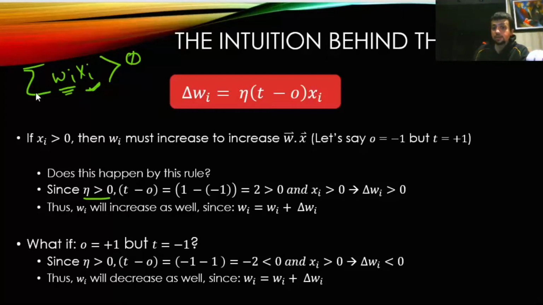Now, we know that if x of i is positive, this element is positive, this element is positive, this element is positive. Then delta Wi becomes positive. Remember, delta Wi is how much should I change Wi. And as we discussed just now, we want to increase Wi, and that is exactly what our rule is suggesting. Delta Wi is positive.